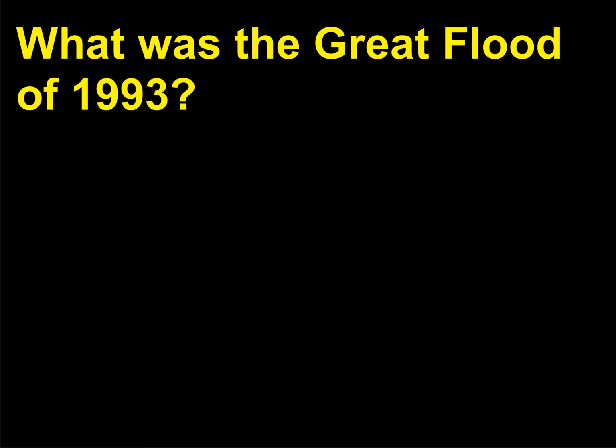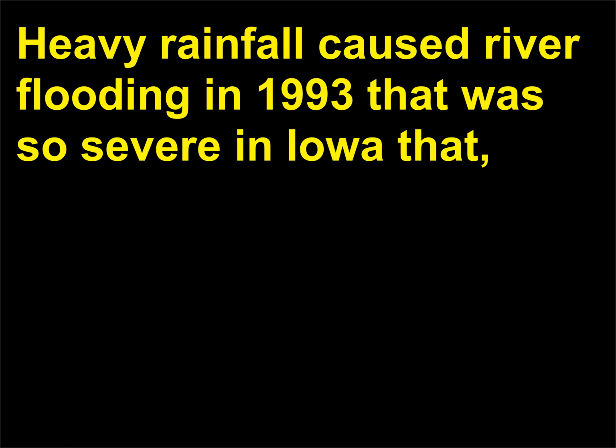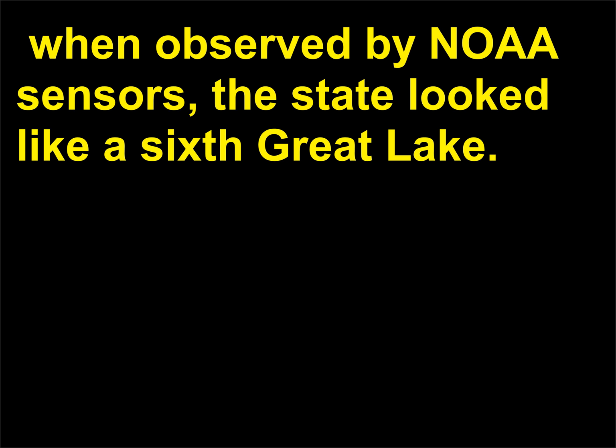What was the Great Flood of 1993? Heavy rainfall caused river flooding in 1993 that was so severe in Iowa that, when observed by NOAA sensors, the state looked like a sixth Great Lake.